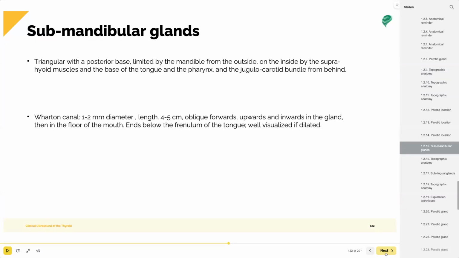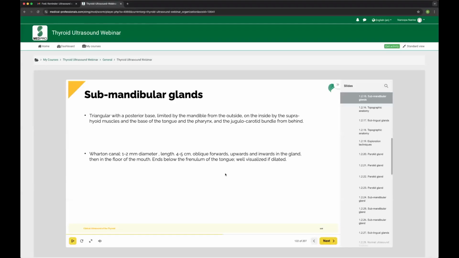The submandibular glands do have a triangular shape with a posterior base. They're bordered externally by the mandible and internally by the suprahyoid muscle.